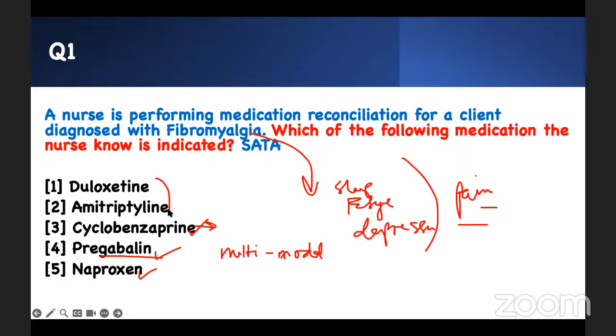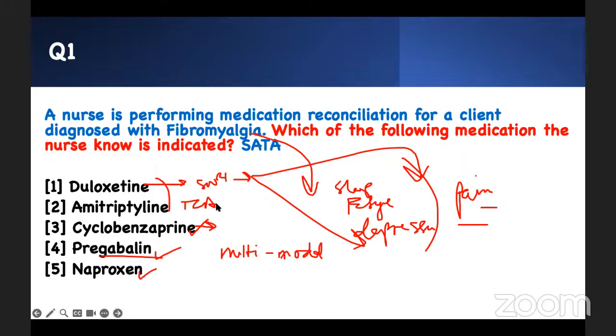And then you have these two. Can you recognize them? If you do, then you know that duloxetine is an SNRI. It's an antidepressant, and you can use it here. It can also help with the pain. And a TCA, amitriptyline, also helps with the pain. It's also an antidepressant.